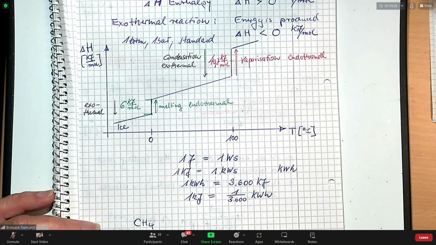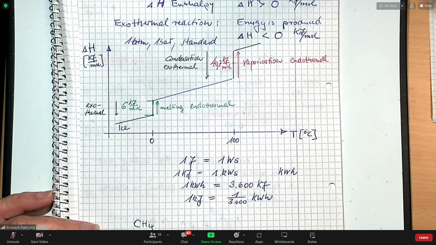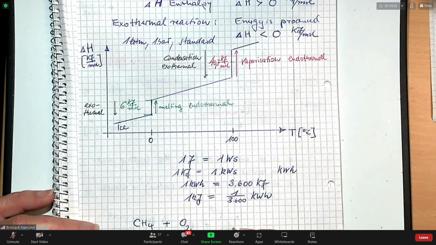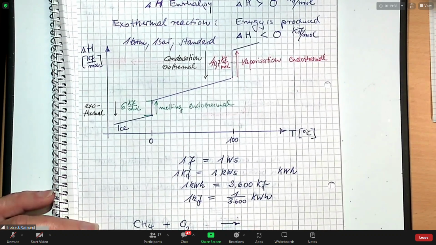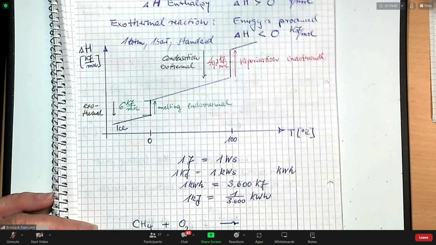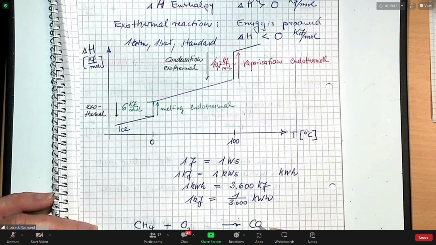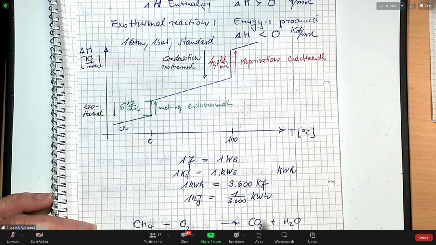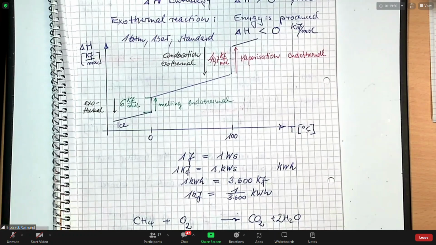What is needed? Oxygen is needed, so O2. And what is the product when we burn methane gas? CO2 and water, H2O. If we have two of them, so two. This is the combustion of methane gas.